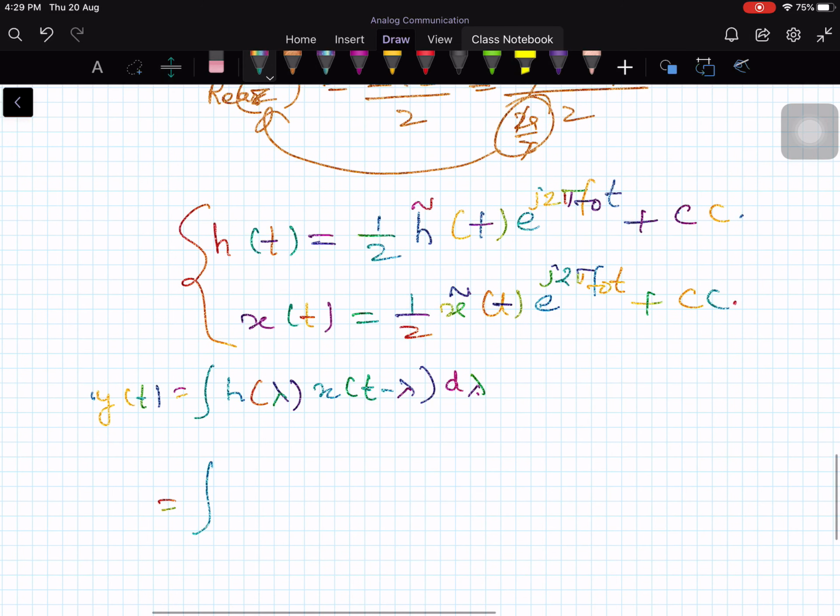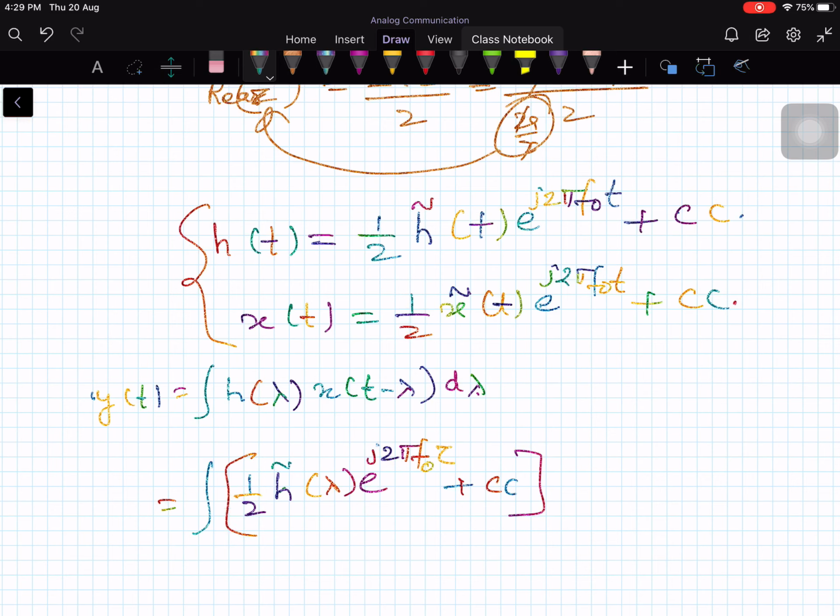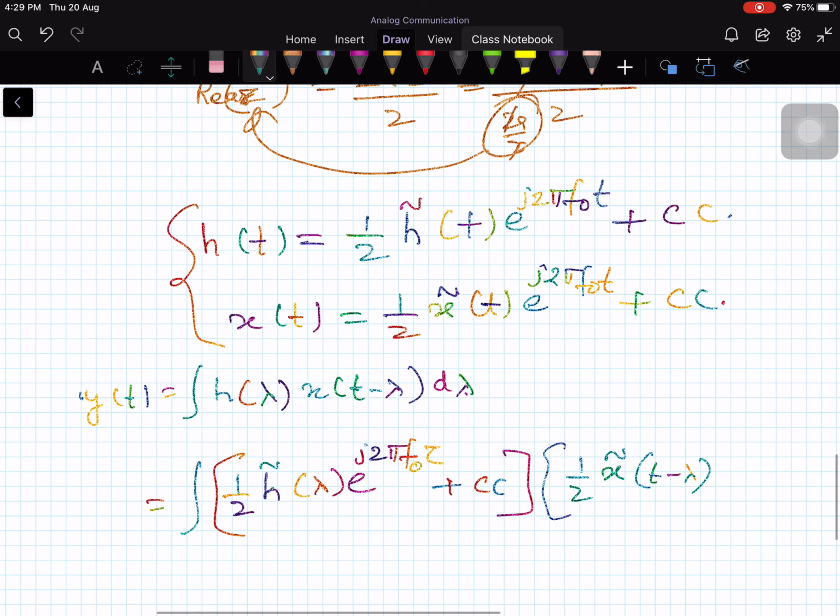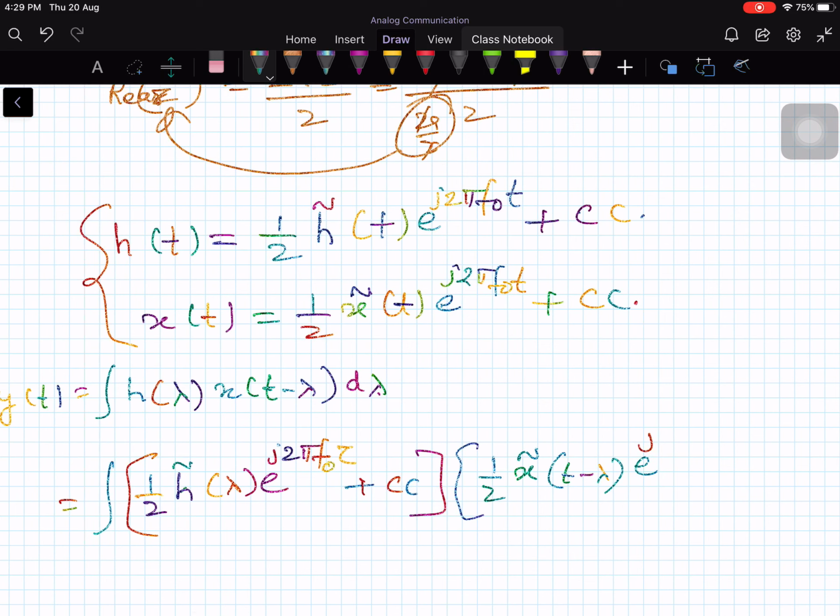So this is going to be 1 by 2 h tilde of lambda e to the j2 pi f naught lambda plus cc, multiplied by 1 half x tilde of t minus lambda e to the j2 pi f naught t minus lambda, multiplied by d lambda.